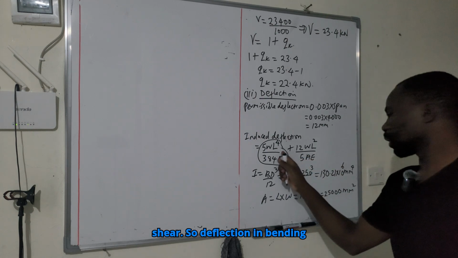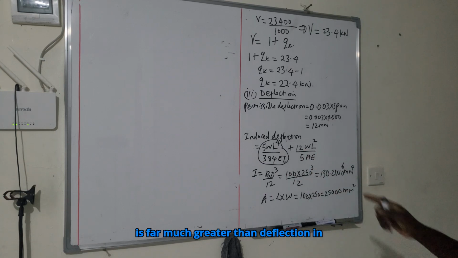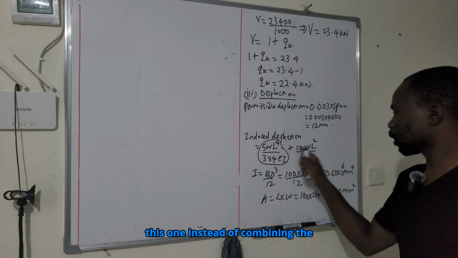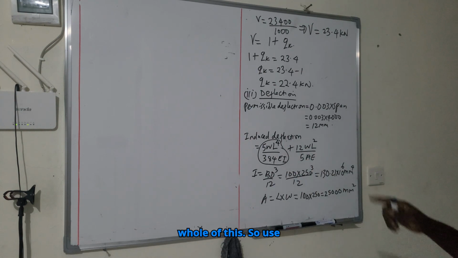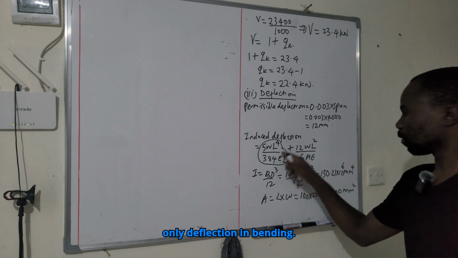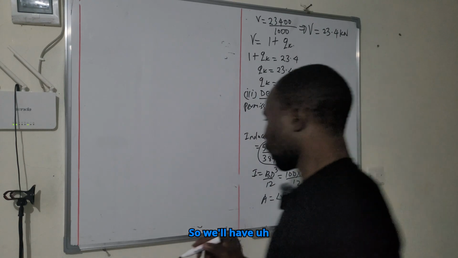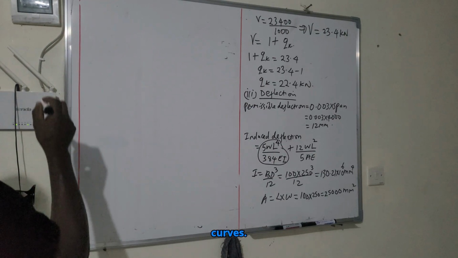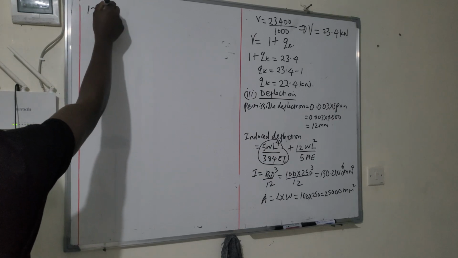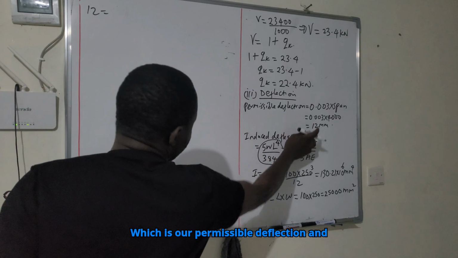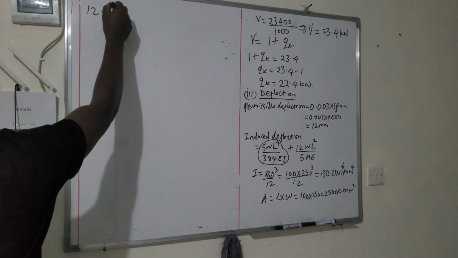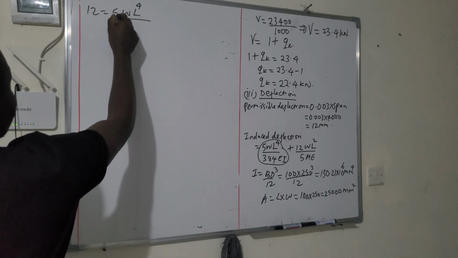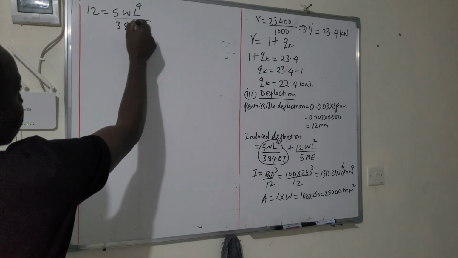So deflection in bending is far much greater than deflection in shear. So you can use this one instead of combining the whole of this. So use only deflection in bending. So we'll have 12, which is our permissible deflection, and then you equate to 5WL power 4 over 384 EI.